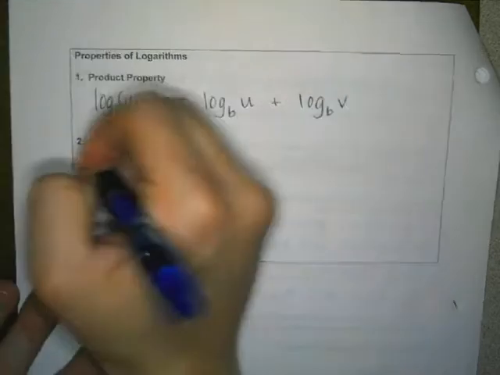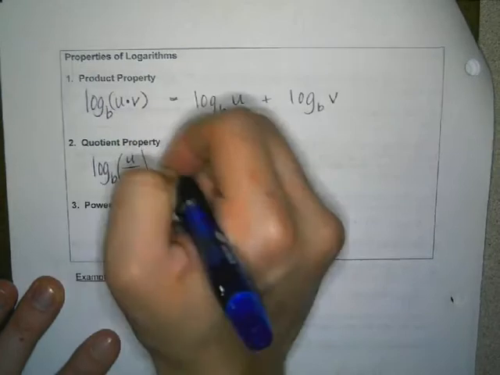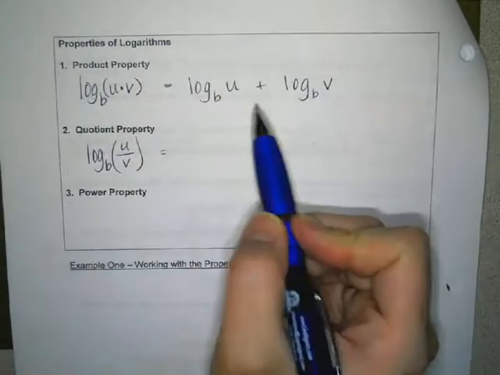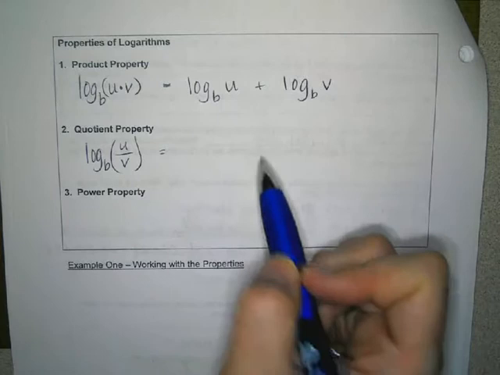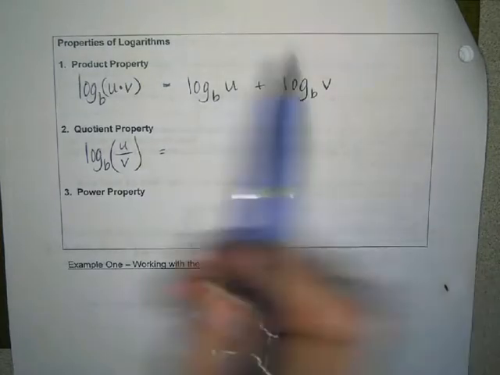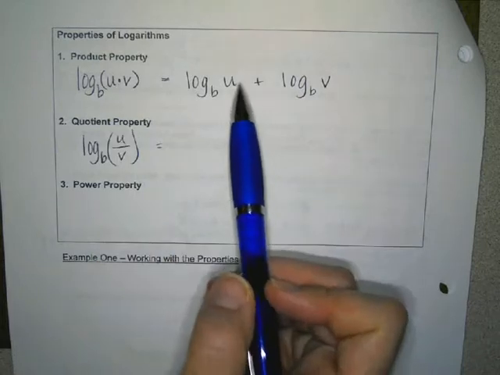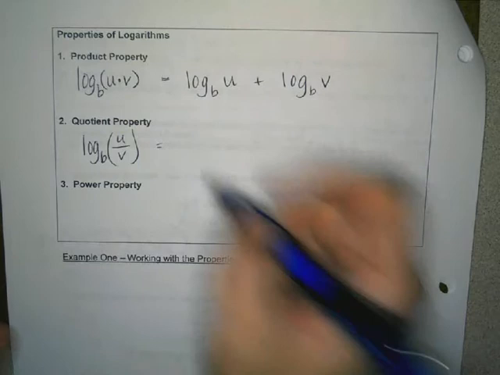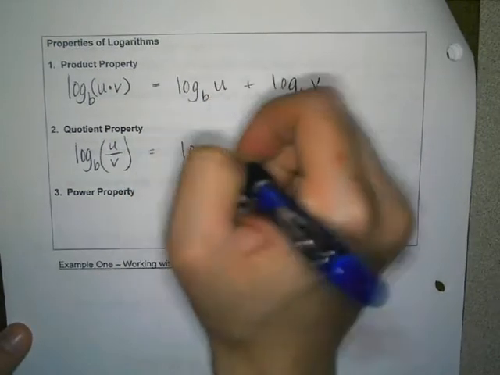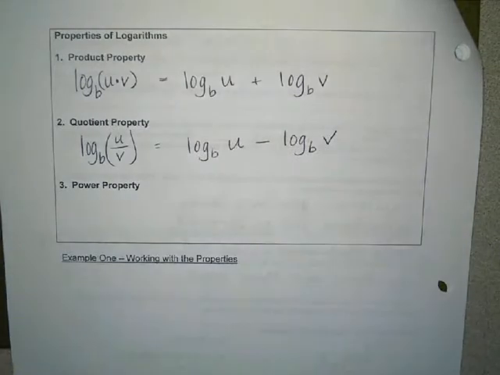The quotient property is basically the same thing, except instead of adding, what do you think is there? Well, it's being divided. So if it's being multiplied and I break it apart by addition, good. Then when you're dividing, when you break it apart, it is subtraction. Much like if you're dividing with exponentials, you subtract the exponents, and if you're multiplying exponentials, you add the exponents.